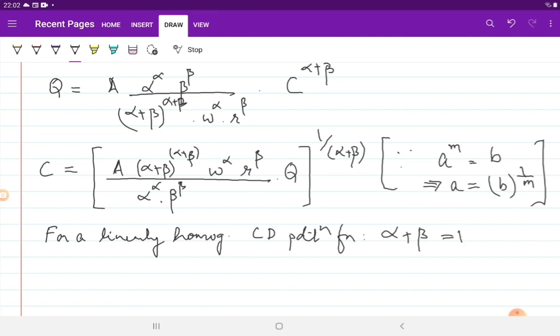So the cost function will look like this: A times W to the power alpha R to the power 1 minus alpha divided by alpha to the power alpha 1 minus alpha to the power 1 minus alpha into Q. Sorry, one mistake there.